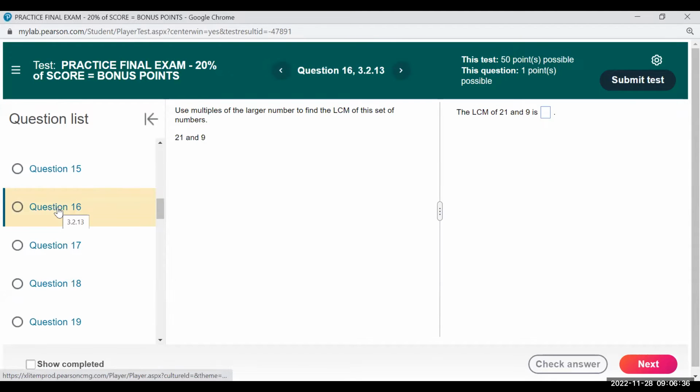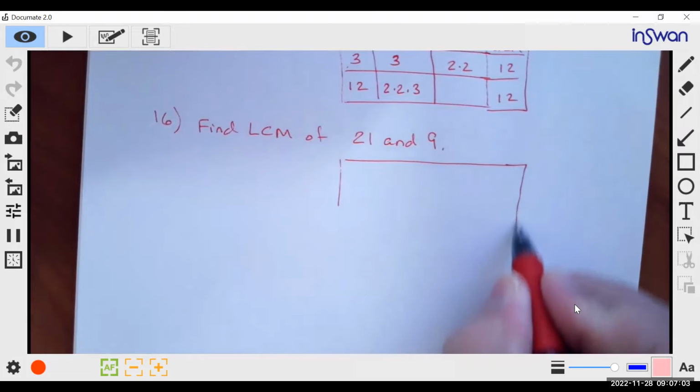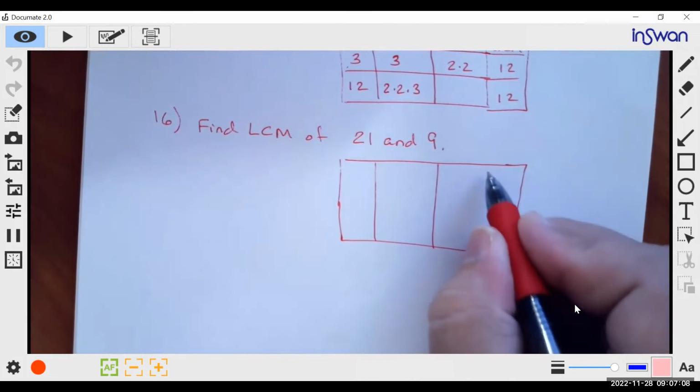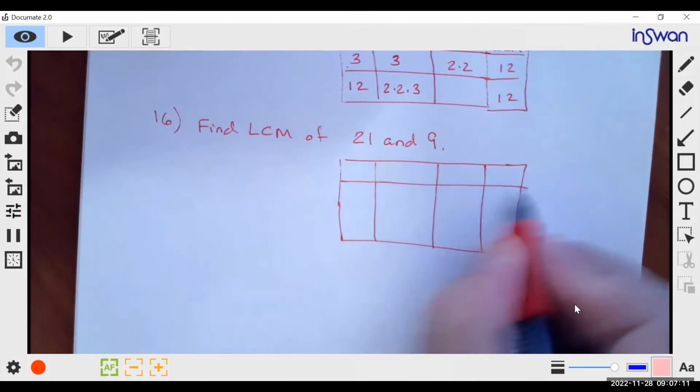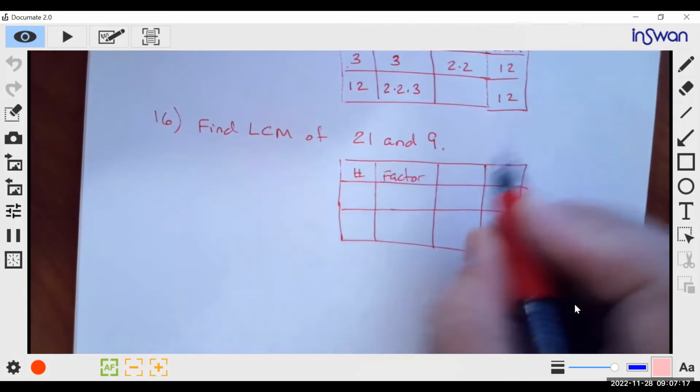Use multiples, another LCM. The number, factor.